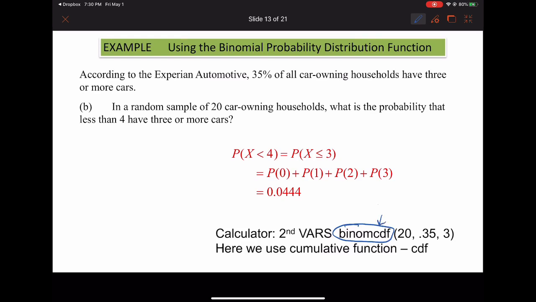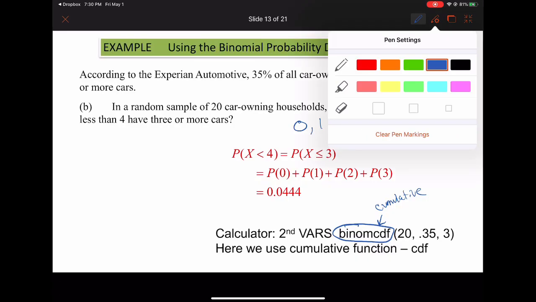This C stands for cumulative. This gives me 3 or less. So if I have 0, 1, 2, 3, 5, 6, these are the people that I've drawn, my samples.